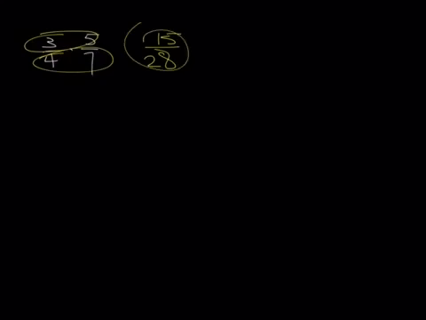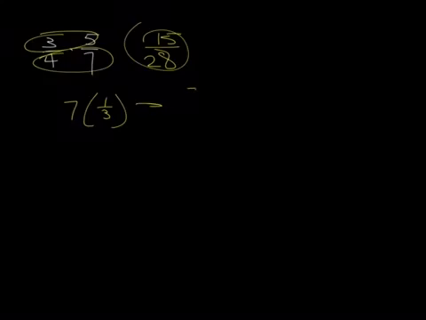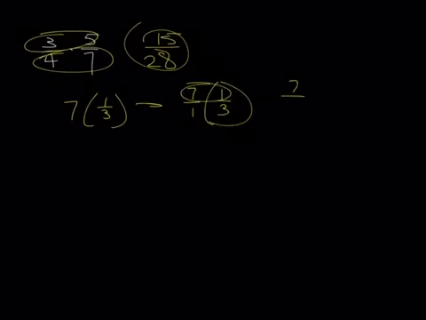Alright, if you look at example 6, it says multiply 7 times 1/3. Whenever you have a fraction times a whole number, you make the whole number into a fraction by just putting it over 1. And then you multiply the top number over the bottom number, and you're done.